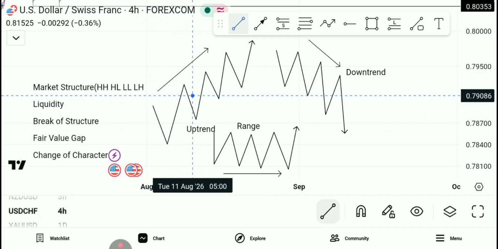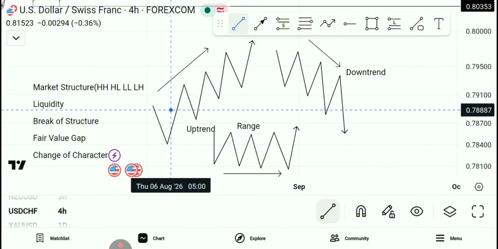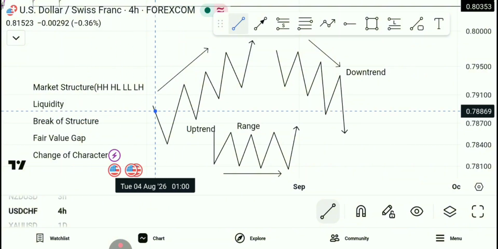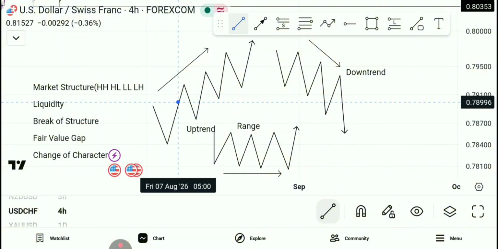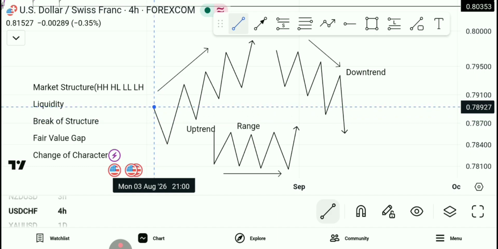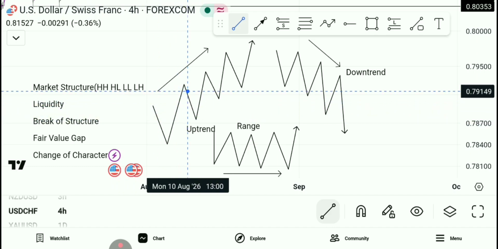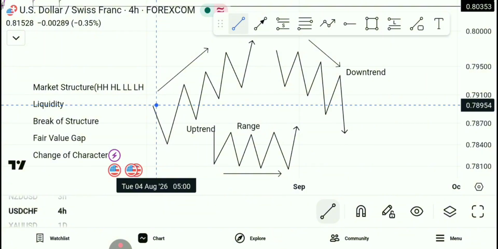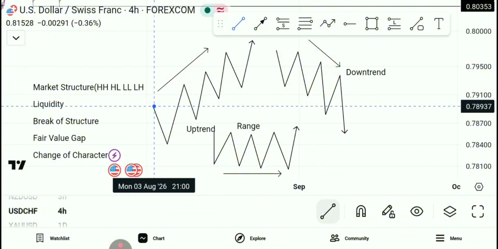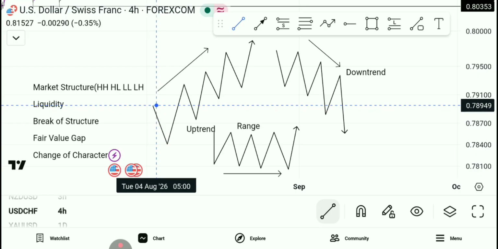I'll be using this uptrend market structure to explain the breakout structure in this video. This is a breakout structure because this previous high was broken by this leg, this uptrend here. So I'll mark it out to show you the BOS, the breakout structure, which is also the acronym for BOS.